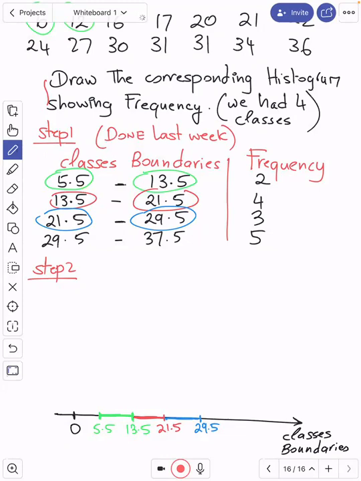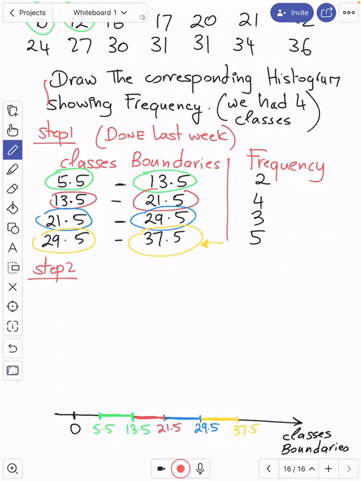My fourth class is from 29.5, which is already on the axis, to 37.5. Here's my 37.5. This yellow interval represents my fourth class.